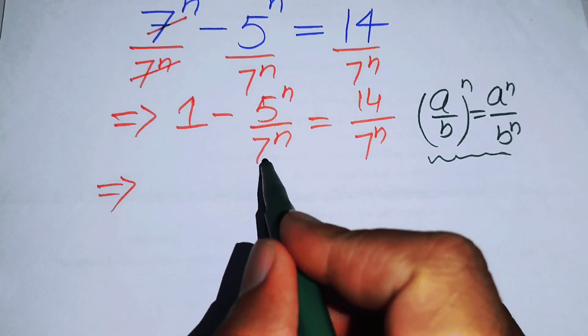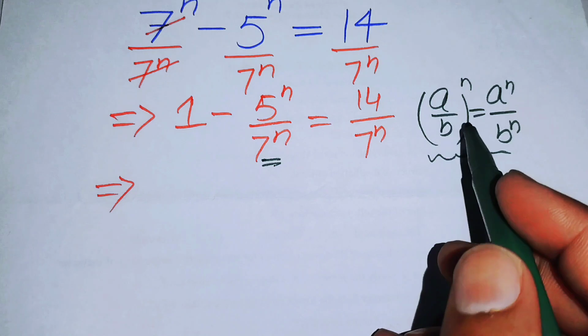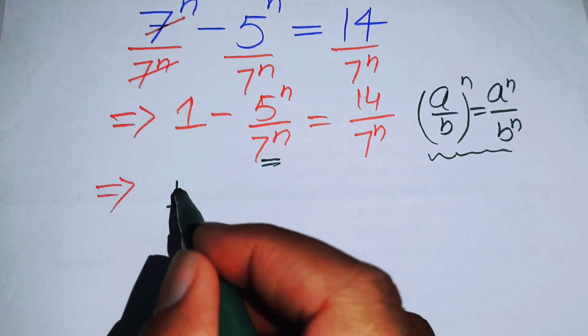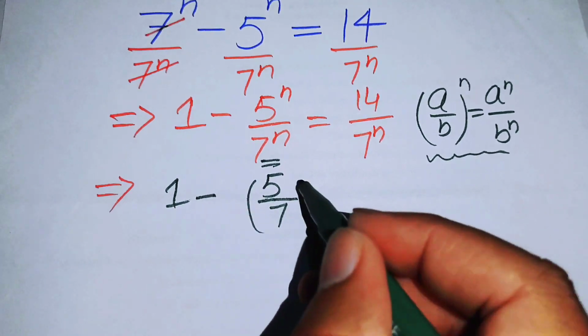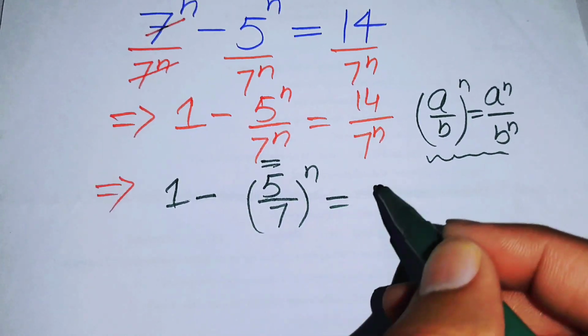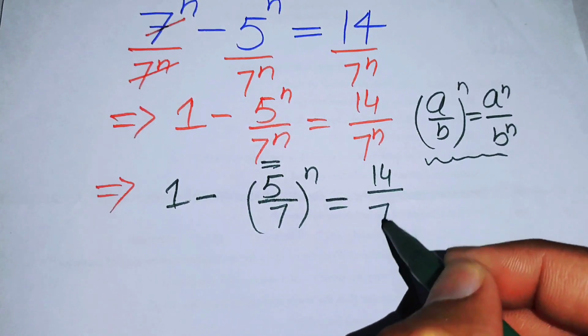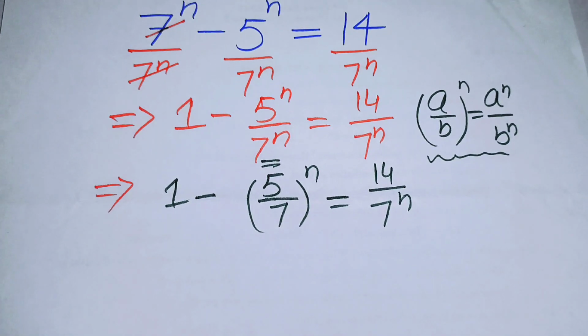So we will just combine this exponent according to this law. So we will get 1 minus 5 over 7 to the power of n is equal to 14 over 7 to the power of n.